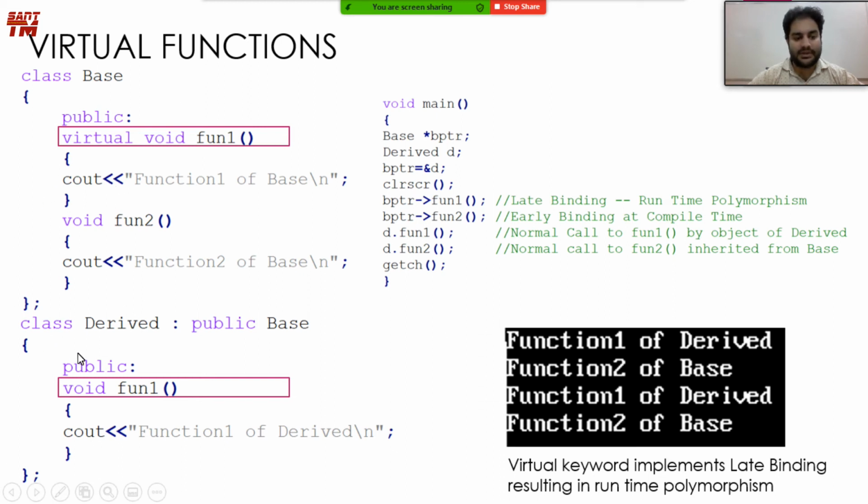As this was virtual, it was not executed because it was overridden by the fun1 of derived. I hope you got the concept of virtual functions here, and how it is related to overriding. The main concept was that to the pointer object we assigned the address of D, so the preference is given to the derived class.